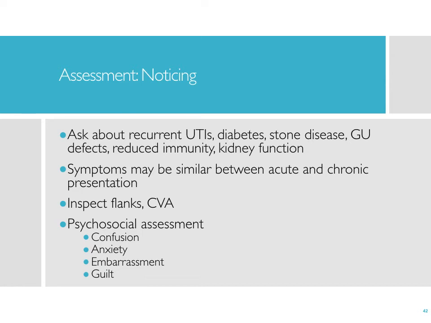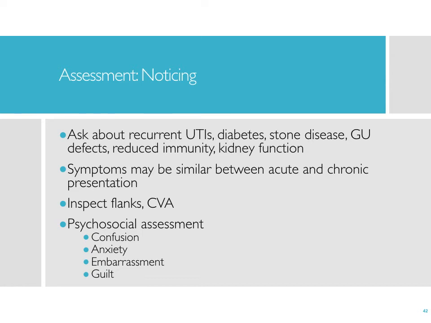If they have any kind of genitourinary defects that they were born with, if they have reduced immunity, so somebody who is getting cancer treatment, for instance, or somebody who has a problem with their immune system, somebody who has HIV. These would be people that would be more prone towards getting UTIs.